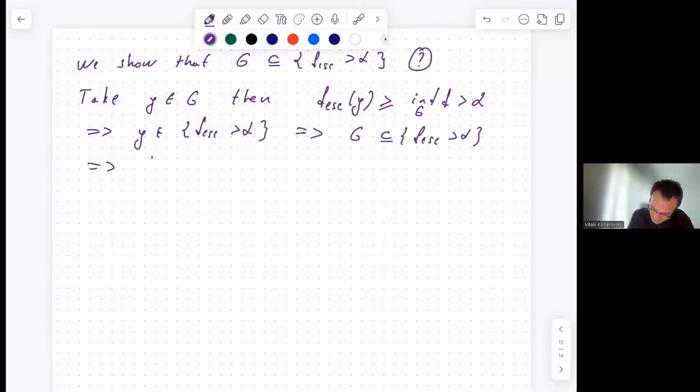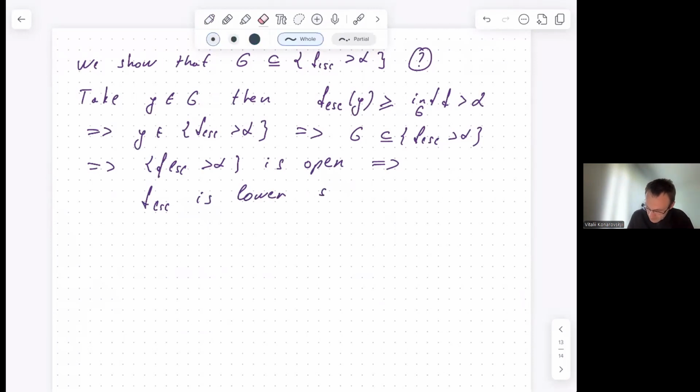That implies that this set is open. And that implies that the function f lower semi-continuous is lower semi-continuous.